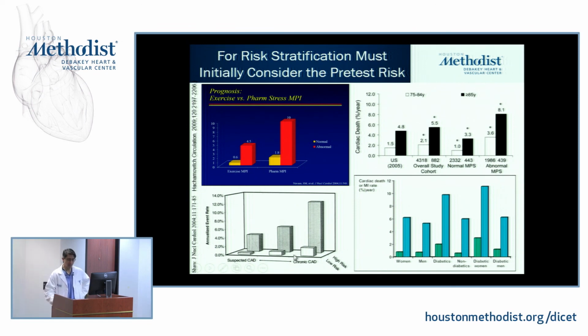Here is a study in patients with chronic coronary artery disease. You can see that compared to someone who has suspected CAD, a low risk scan still signifies a greater event rate than a patient who just has a normal study who has suspected CAD. This is a study in patients who are greater than 85.